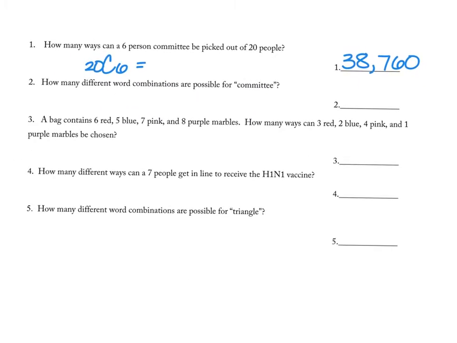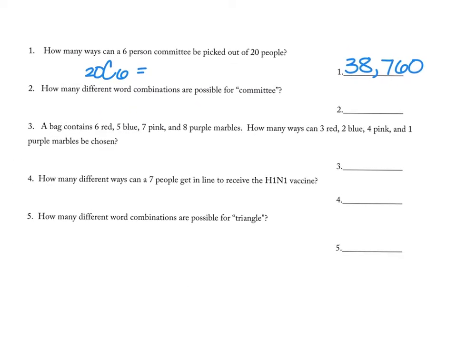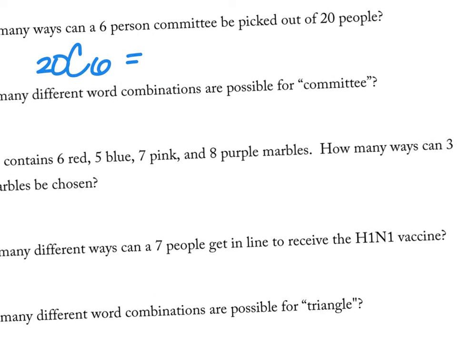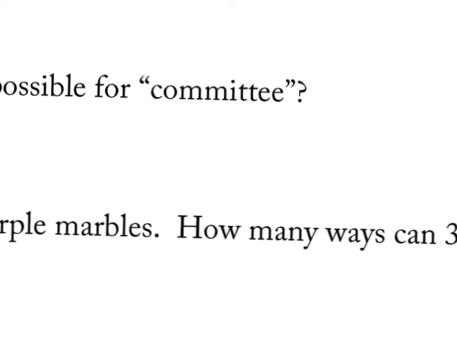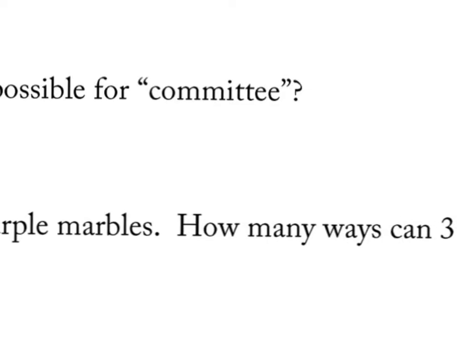All right. So looking at number 2, how many different ways can I make a word combination for the word committee? All right, so this is one of those linear permutations. So first we want to count how many letters are in the word committee. And that's 1, 2, 3, 4, 5, 6, 7, 8, 9. So it's 9 factorial, but there's a lot of repeated letters.